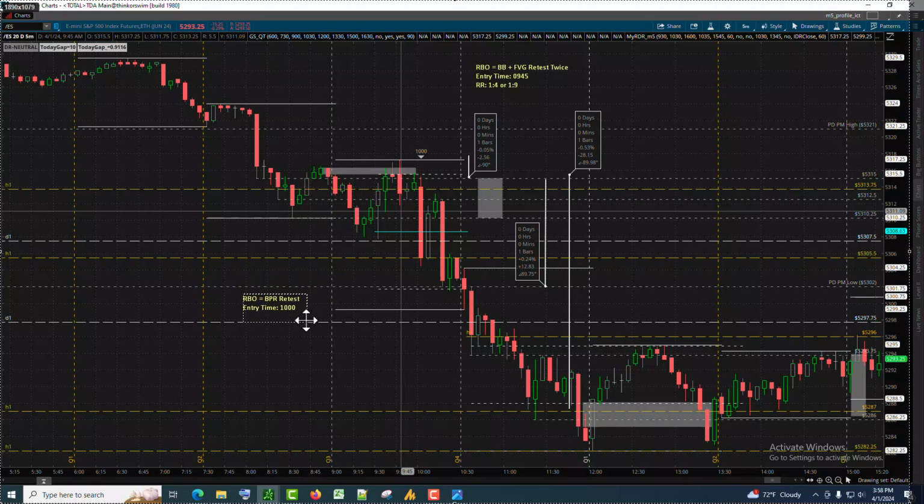So understand the ratio is going to be 1 to 4 or 1 to 9 right there, because this level works for both entries. The level right here at 53.15 right there. This is very beautiful. Works for both.